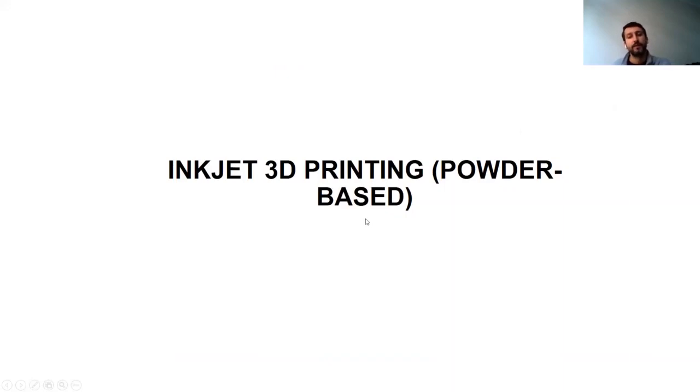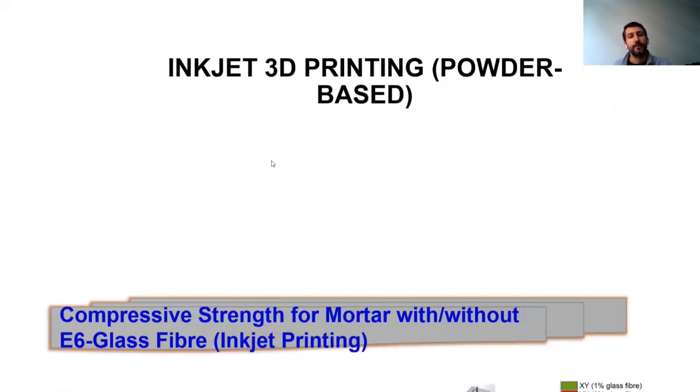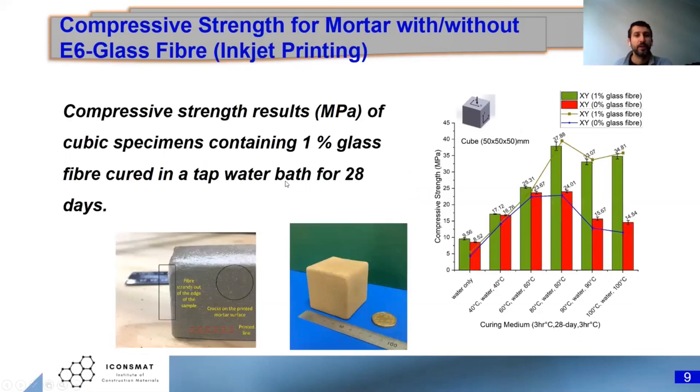Here are some results that we have received until now for the compressive strength of the mortar. For the mortar, you can get even higher if you make a proper material together. Anyway, we have got 37 megapascal.